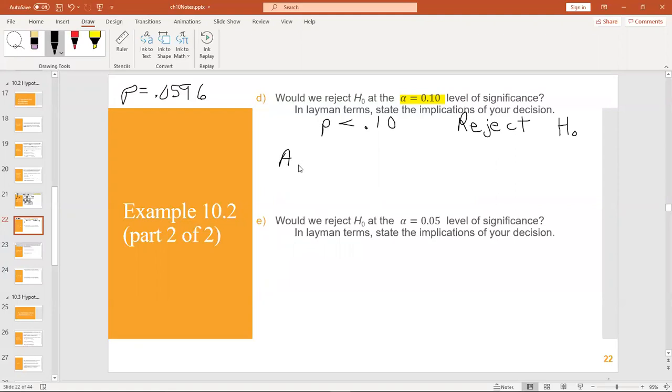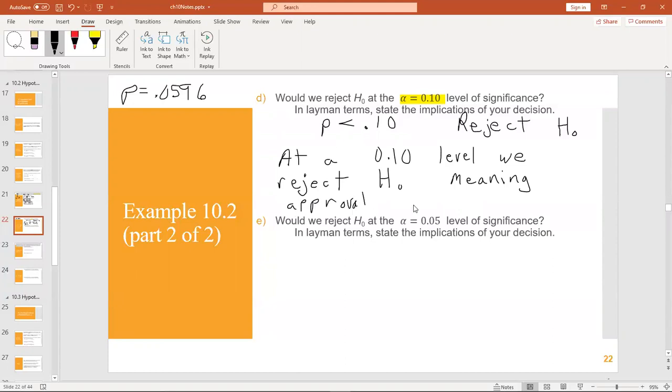So we would say at a 0.10 level, we reject H0, meaning the approval rating did increase, or something along those lines, meaning the approval increased.